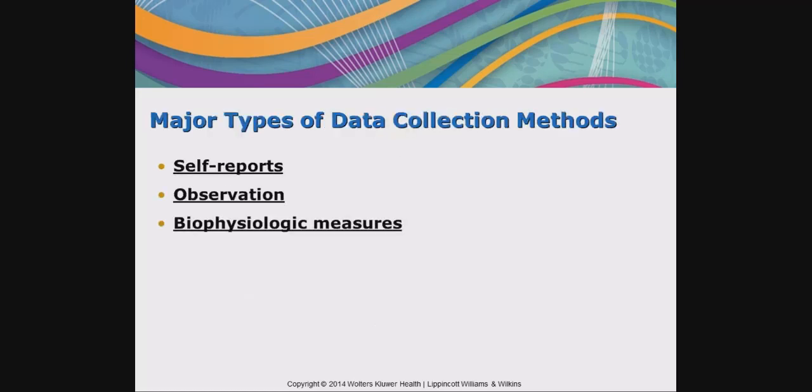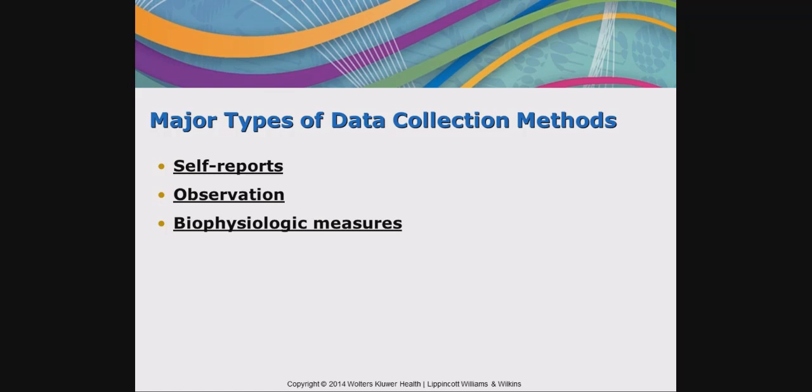Major types of data collection methods. Oh, this is some good stuff, and you've probably participated with some of these data collection methods. The ways it's collected. Self-reports. This can be verbal, can be interviews, questionnaires, which is the most common. Know that. Psychological tests, attitude scales.